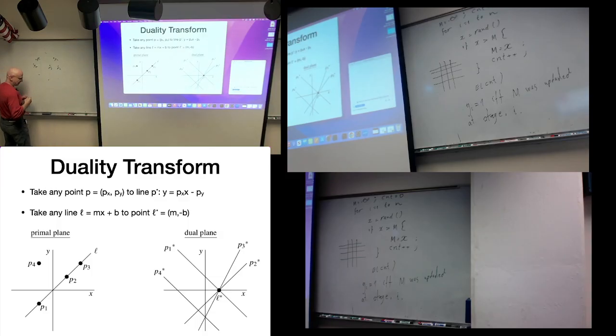And after preprocessing, I'll give you a query range. And I want to ask what are the points that lie inside the query range.